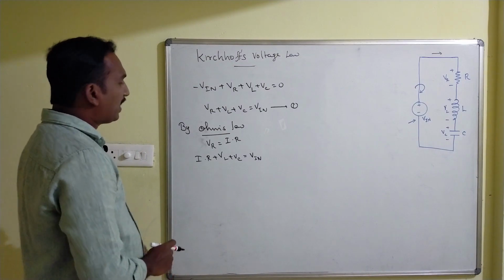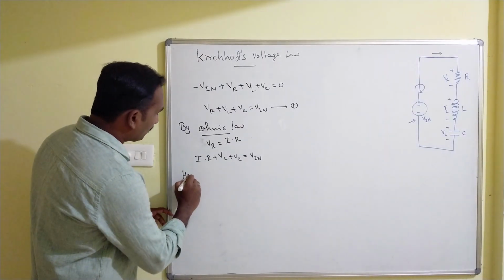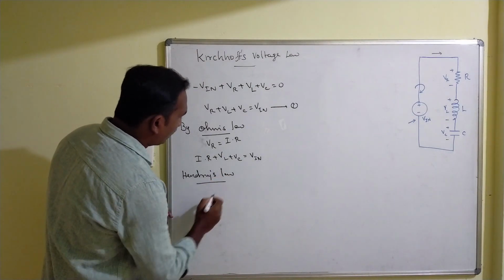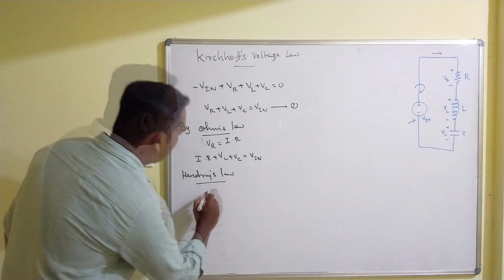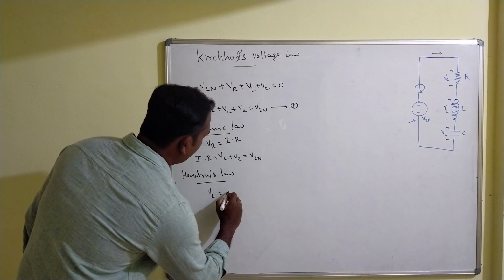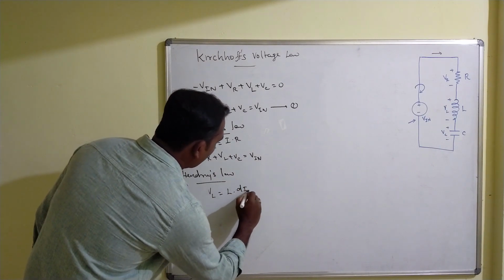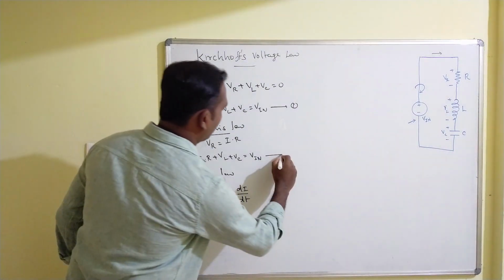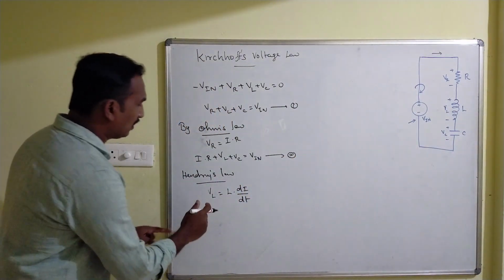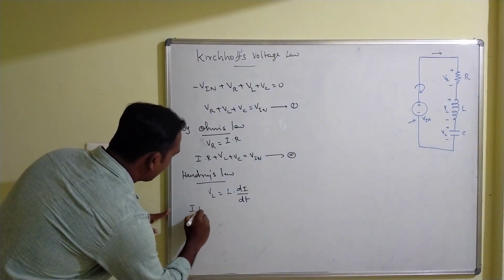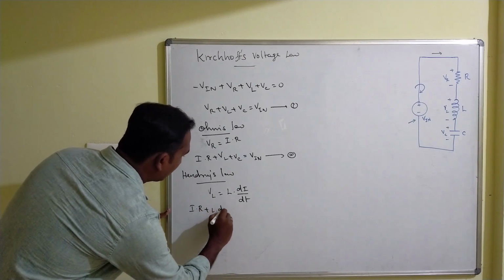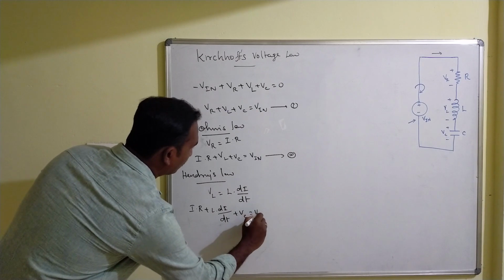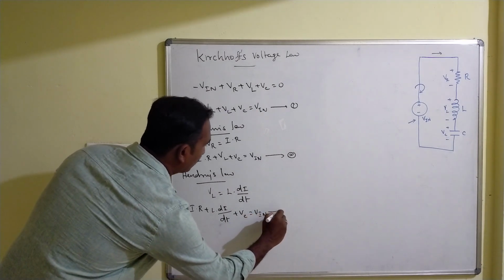And similarly, by Henry's law, the voltage across the inductance VL is equal to L times di by dt. This is the voltage drop here. Now substitute this in equation number 2. So this will become IR plus L di by dt plus VC is equal to VIN. Let us call this number 3.